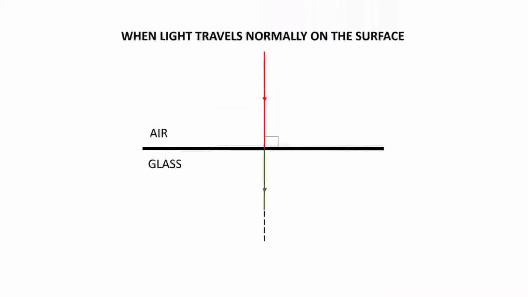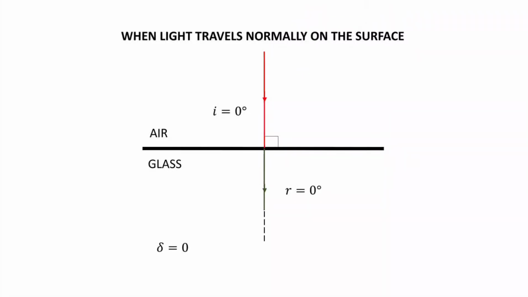So here the angle of incidence is equal to 0 degrees. That means there is no angle formed between the incident ray and the normal. That is 0 degrees. And the angle of refraction is also equal to 0 degrees. So here we can see that there is no deviation, or we can say the deviation is equal to 0.